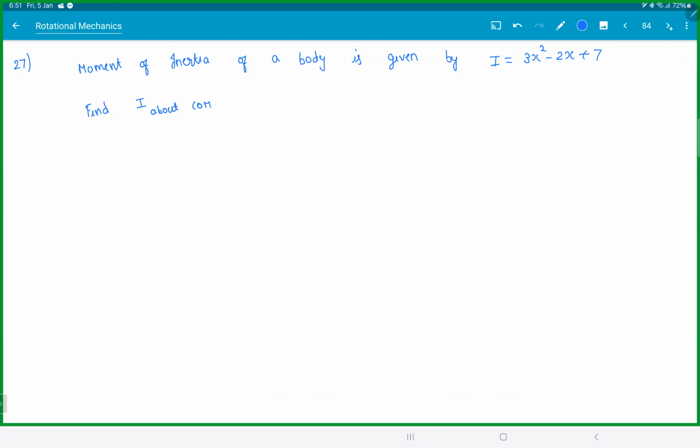This is an easy one, a good mains level one. That's it. No information, nothing is given. Only this much you know: the moment of inertia about some x coordinate is given by 3x square minus 2x plus 7. Find the moment of inertia about the center of mass. Try. You have a minute.